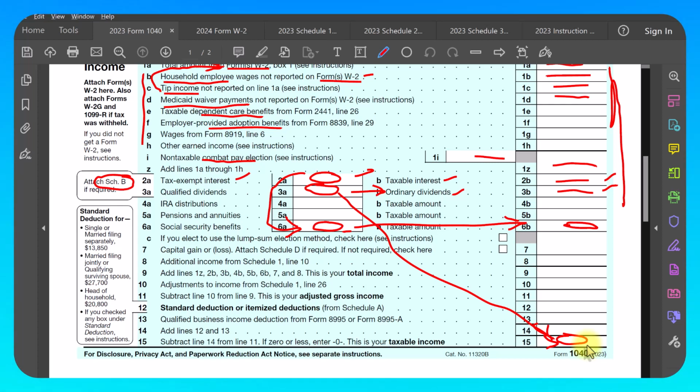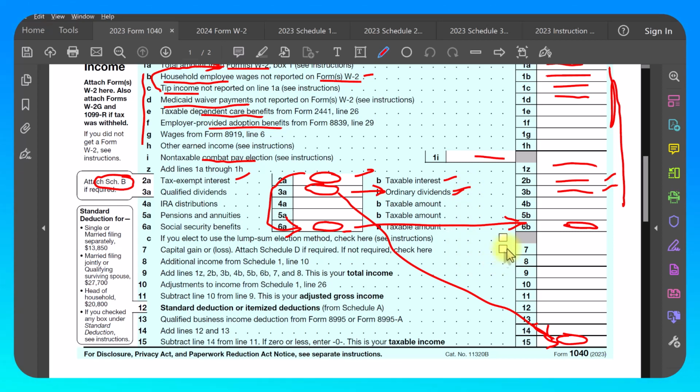Another type of income that gets taxed at lower rates is long-term capital gains. So maybe in addition to dividend income, you receive something called capital gain distributions, probably also reported on that same Form 1099-DIV.